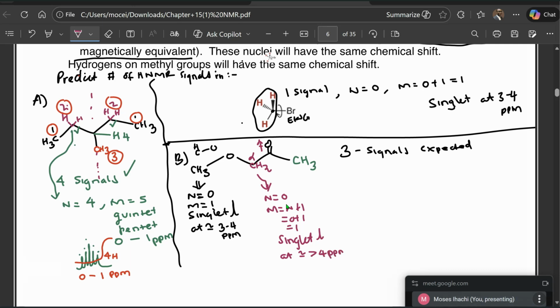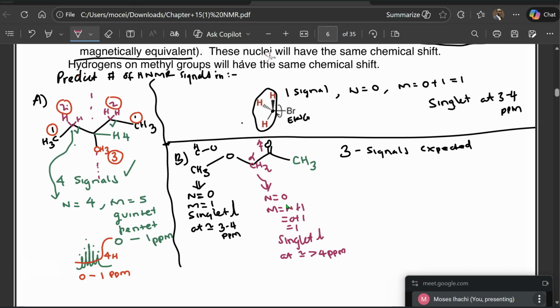This is going to show up at approximately above 4 parts per million. Yes, the black CH3 and the purple CH2 are on the oxygen, but the CH2 experiences one more additional electron withdrawing effect. It's an alpha plus it has an oxygen on it. There's math to this that will actually put you at about 4.5, but for now, I'm just going to tell you. There's a formula for that.